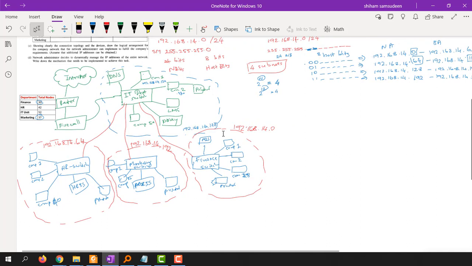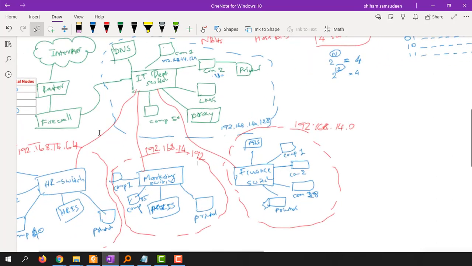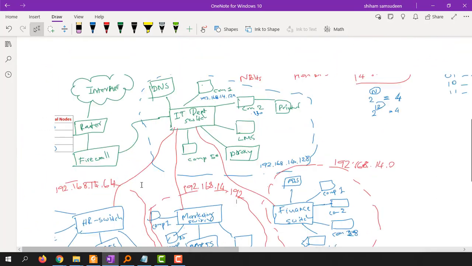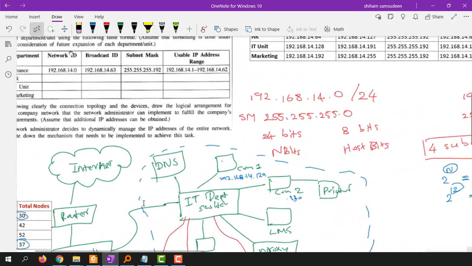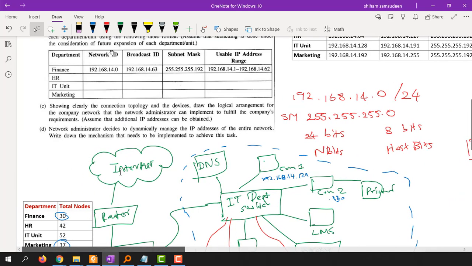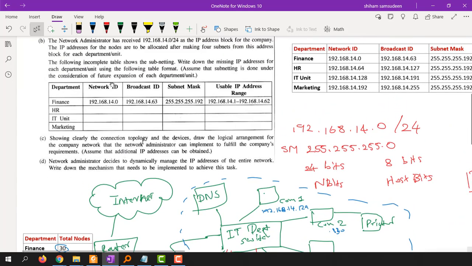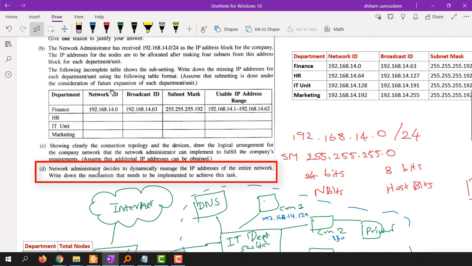And all right, so let's look at the last question here. So the network administrator decides to dynamically manage the IP addresses of the entire network.